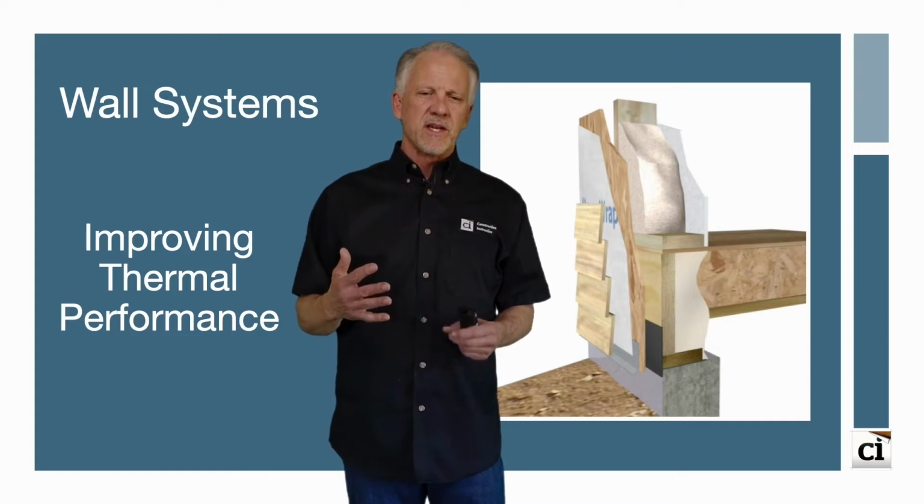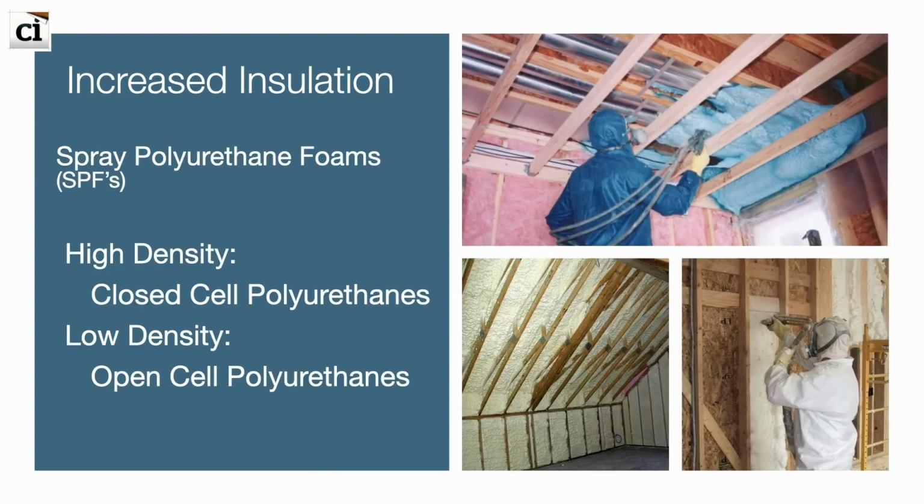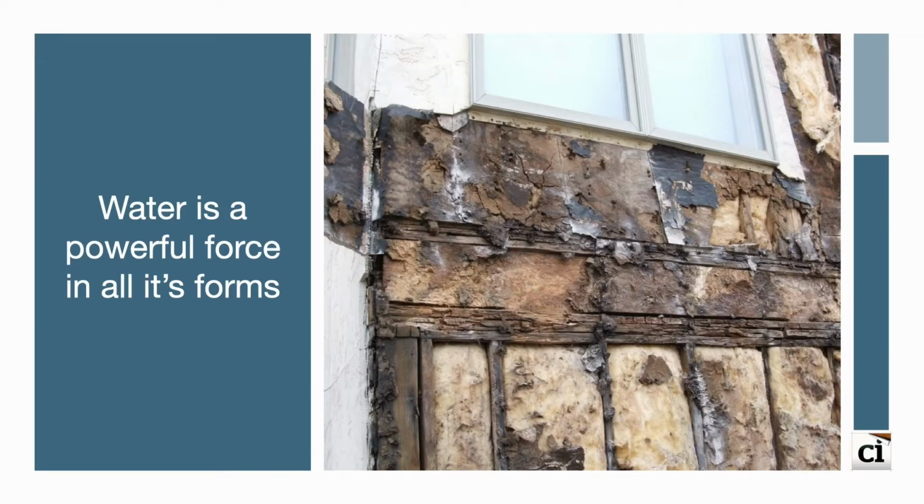So we look at thermal insulation and that improvement. We've got fiberglass and cellulose and mineral wools and all kinds of things that we've changed in cavities. We've also added things like spray foams in roof decks and in walls that have really changed the way in which energy flows across these assemblies. So if we're not careful with how we manage these things, not careful with the sheathing types, not careful with these moisture drives, we can really cause buildings to fail prematurely and unfortunately quite quickly.